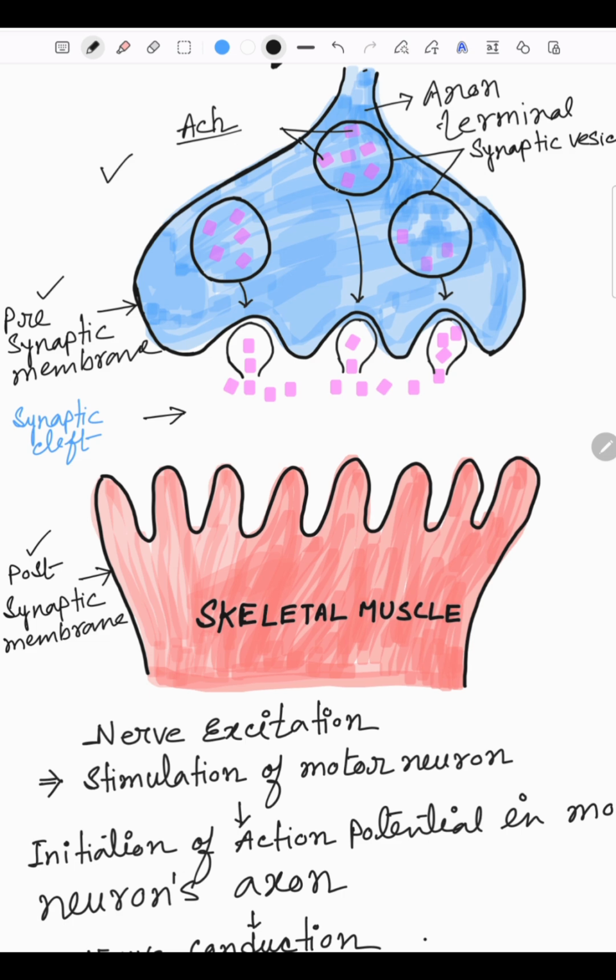The vesicle comes over to the presynaptic membrane and crosses it, and then releases its neurotransmitter into the synaptic cleft.